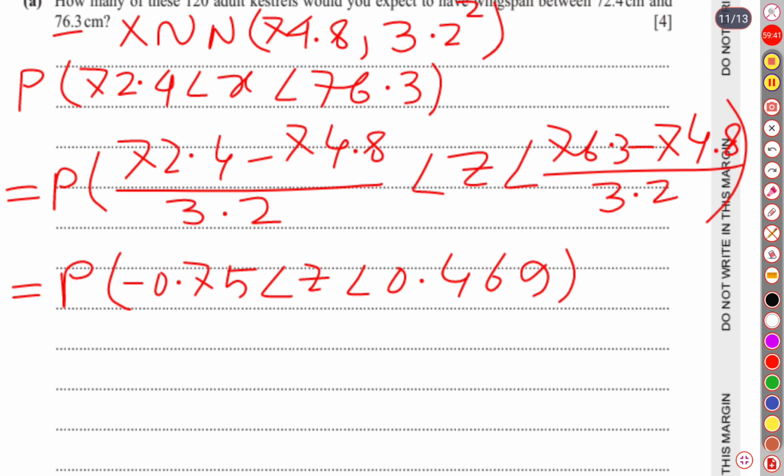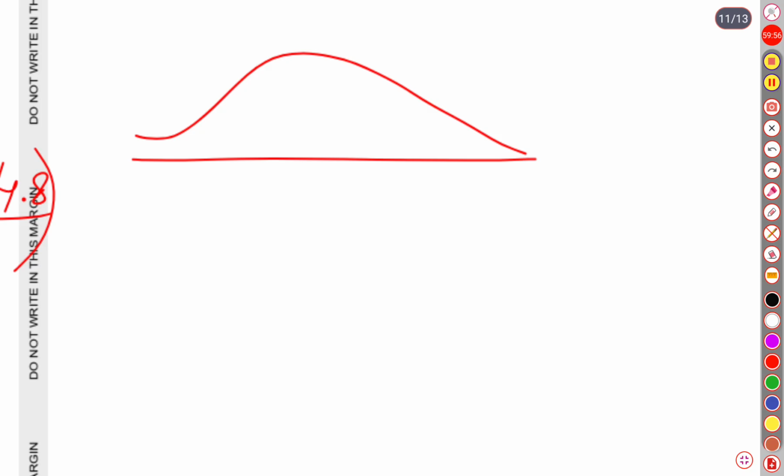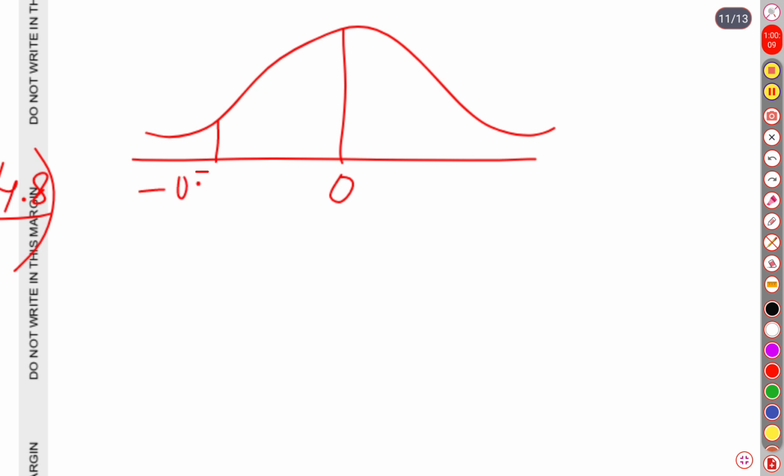Let me show you this from a graph. Let me draw the graph over here. So this is our graph, and here our z scores are negative 0.75, suppose over here, and another z score is positive 0.469.